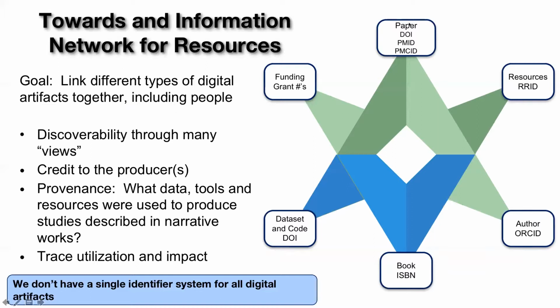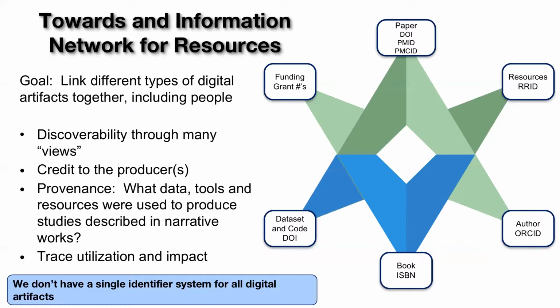There are papers that are linked to resources and data sets, in terms of resources being used within a paper that potentially creates or delivers a data set. And this research is supported by funding from governmental agencies and nonprofit foundations, and there are associated grant numbers. And all this research for a particular study is supported by the authors and researchers involved, and there are identifiers for authors as well. So this is the ORCID.